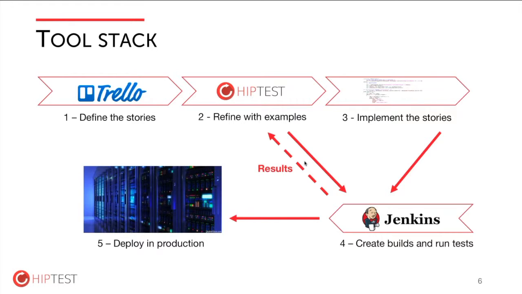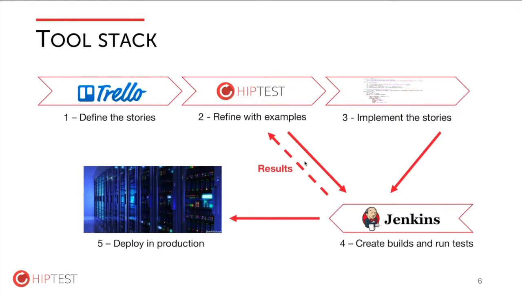Once we are all on the same page about what we should develop, then we start with the implementation. We already have the acceptance tests defined in Hiptest. And then we automate all our tests and action words, we'll get back to this later during the demo.